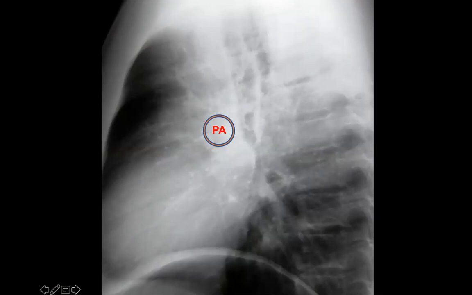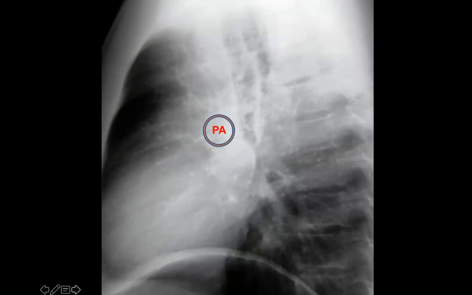Now, be aware that the pulmonary artery, which is that circle that I have indicated there, lies anterior to the carina, sort of in the region where you might expect lymph nodes to arise. So any rounded density that you see in the location of the main pulmonary artery, you should ignore.